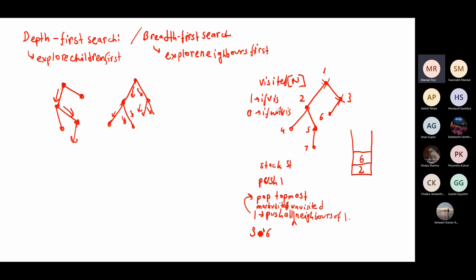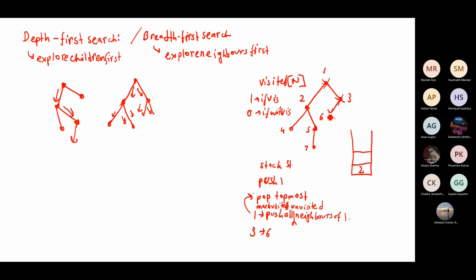Then from 3 push all unvisited neighbors, which is 6. Again pop topmost, you pop 6, mark it as visited, and then you have completed.